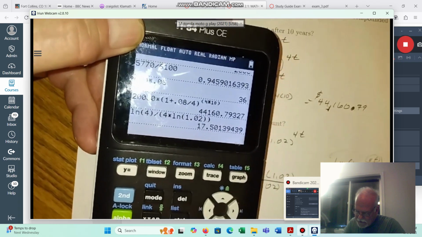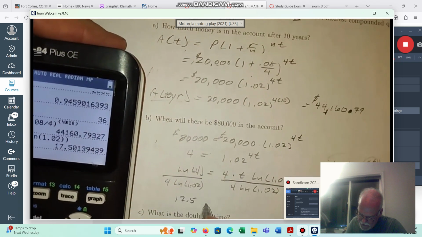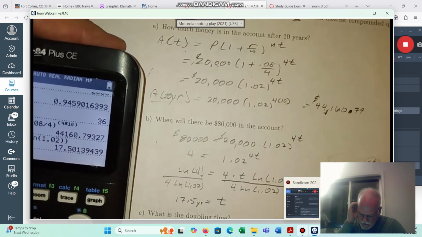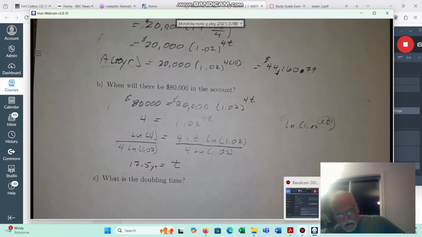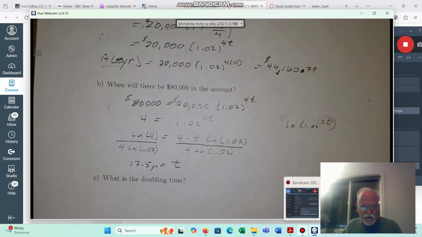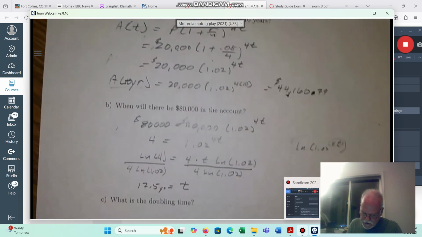And I've got 17.5 years. So 17.5 years is equal to t, and if I had a chance to check that, if I was done with the test, I'd plug 17.5 back into this equation and make sure it makes sense.